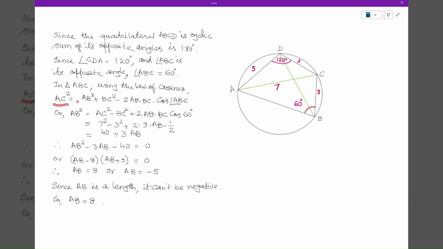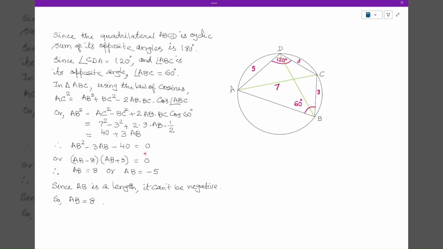So AC square is equal to AB square plus BC square minus 2 AB into BC cosine of angle ABC, and by rearranging terms, AB square is equal to AC square minus BC square plus 2 AB into BC multiplied by cos 60. AC we had found out to be 7, so this is 7 square minus 3 square plus 2 multiplied by 3 multiplied by AB multiplied by cos 60, that is half. So that comes to 40 plus 3AB.